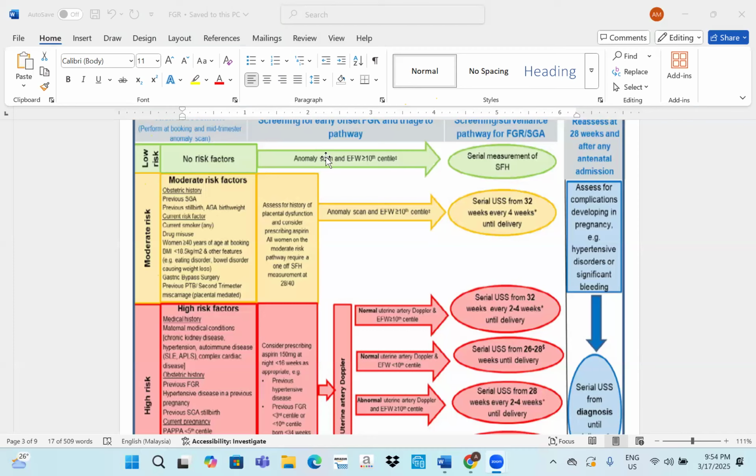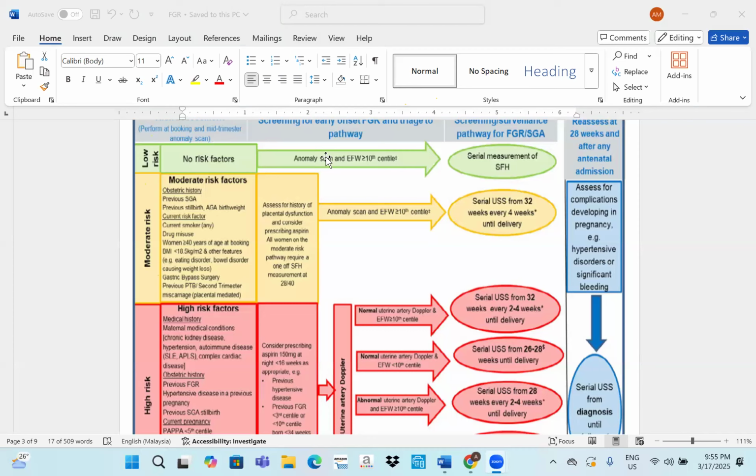Now the patient is low risk, right? She has no risk factor, and on anomaly scan you also have her estimated fetal weight. And one more thing I want to tell you. If the patient has not done the growth scan or you have no ultrasound, then you will use the symphysiofundal height to plot the chart.